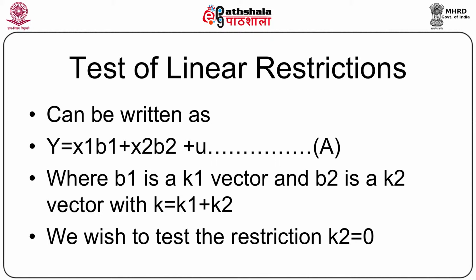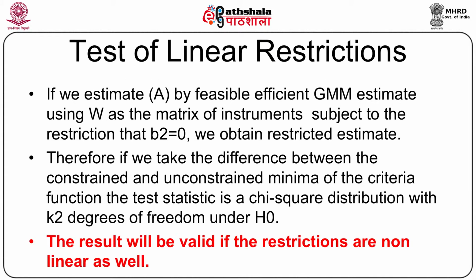So you can write y equal to x1 beta1 plus x2 beta2 plus u, where beta1 is a k1 vector and beta2 is a k2 vector, with k equal to k1 plus k2. And we would like to test whether beta2 takes the restriction beta2 equal to 0.